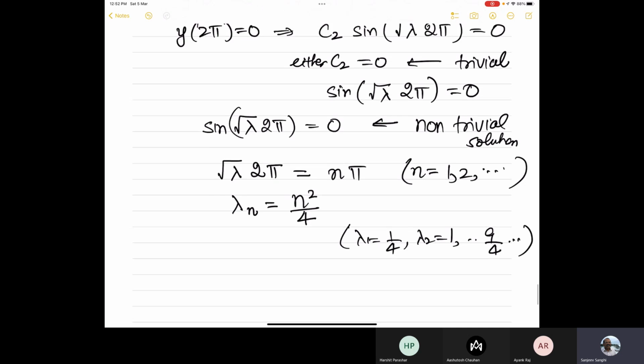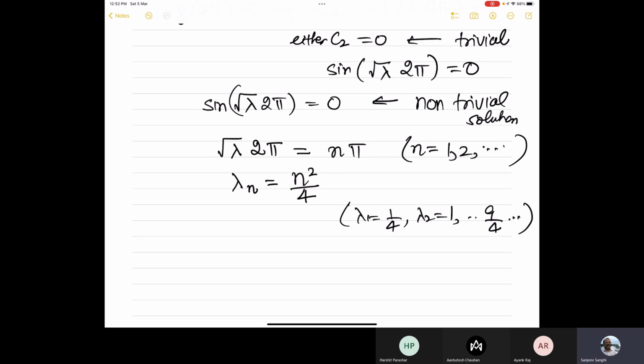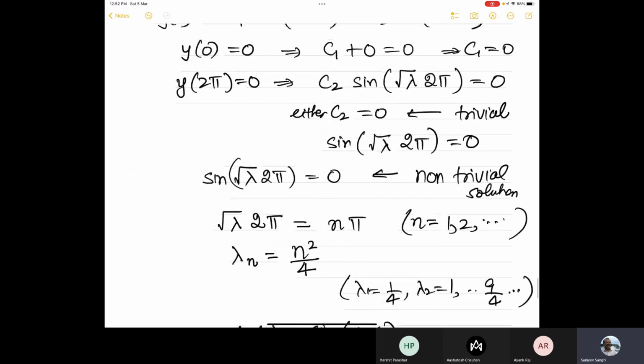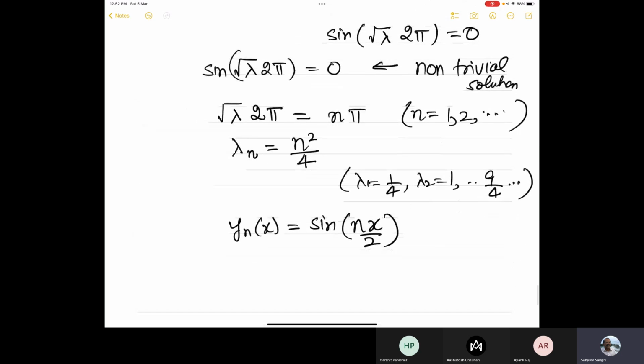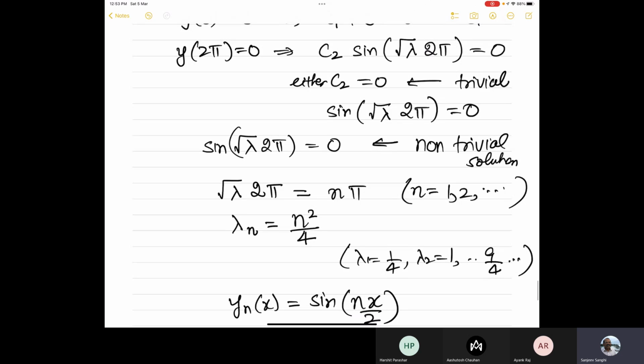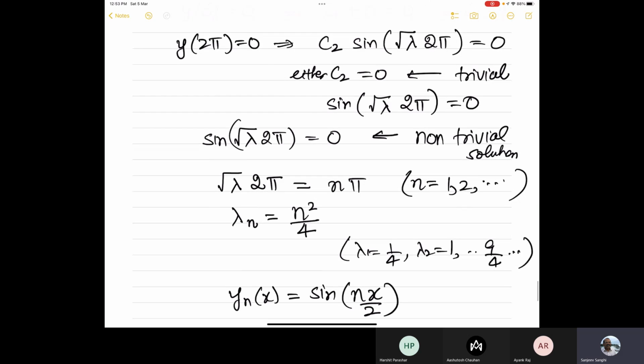And what we can do is, therefore, y sub n of x will be equal to sine of nx by 2. Because our solution was C2 sine root lambda x. We put root lambda is n by 2.